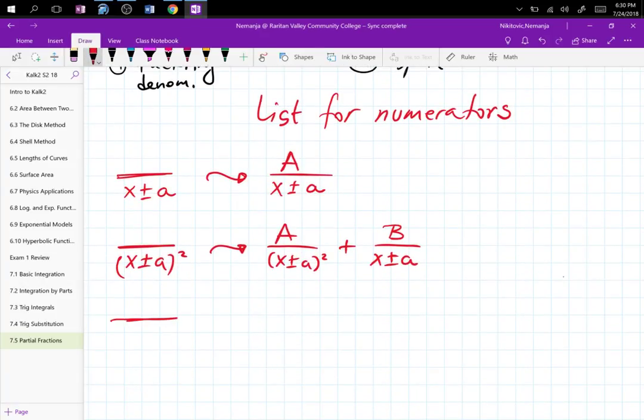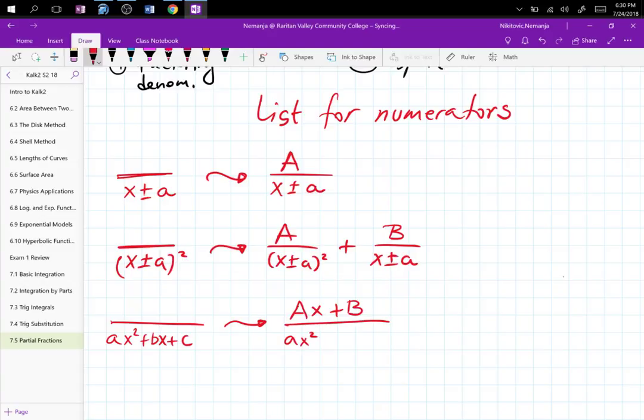If you have the denominator to be ax squared plus bx plus c, so it's a quadratic function that cannot be broken any further, factored, then your setup over here is Ax plus B over ax squared plus bx plus c.